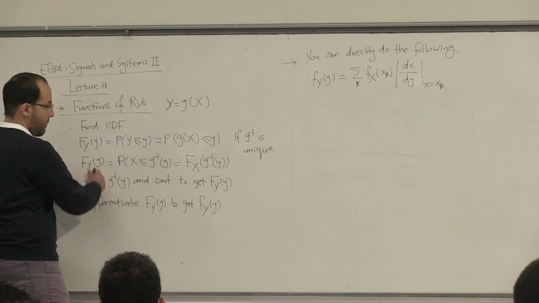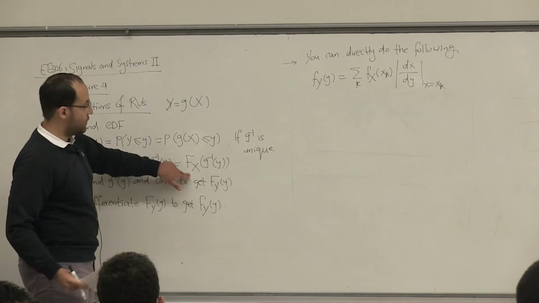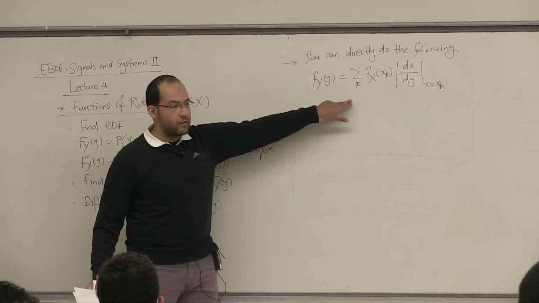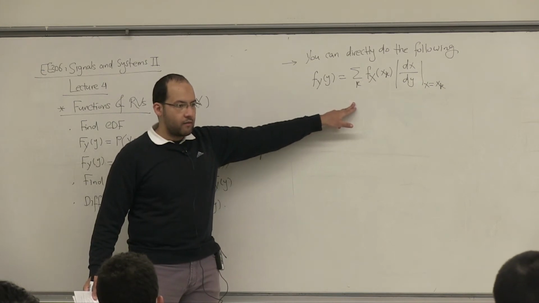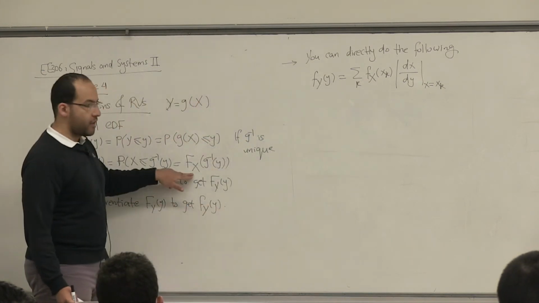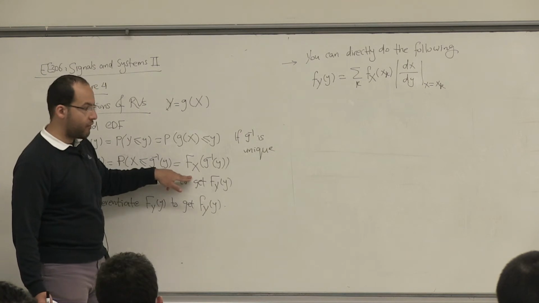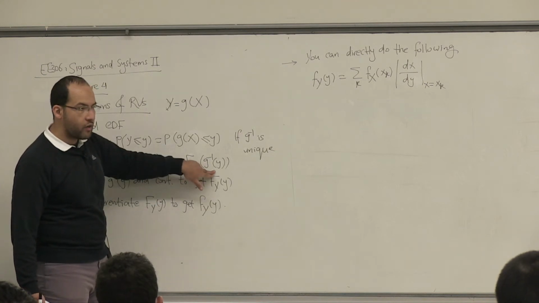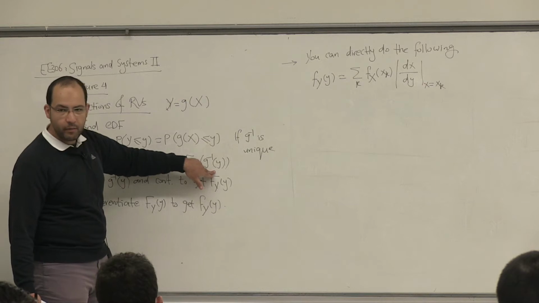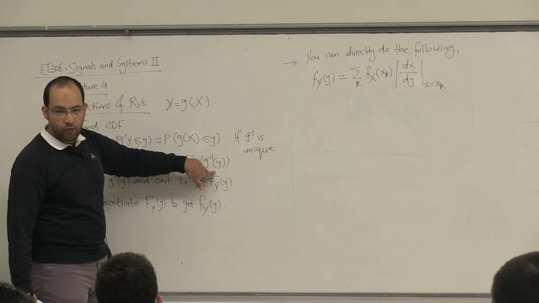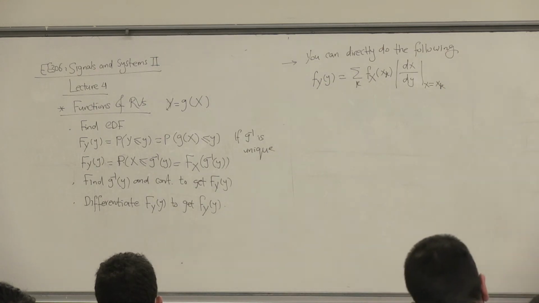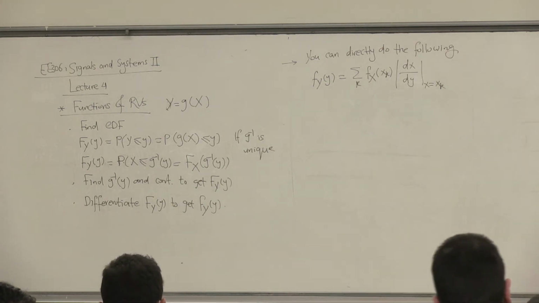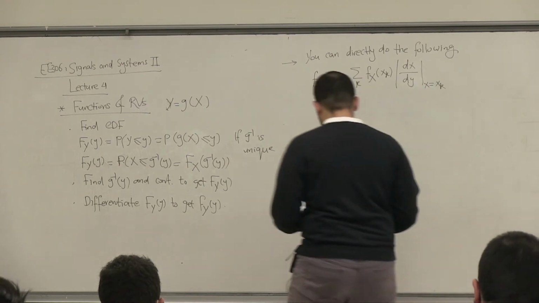Differentiate, right? If you differentiate this, shouldn't it end up being something that looks like this? At least if you have only one xk, right? It will look like what using the chain rule? It will be the PDF multiplied by the differentiation of what is between the brackets with respect to y, right? So if you have a unique xk, this thing is this thing. It's the same thing, okay? And we will show an example where they are not really unique.